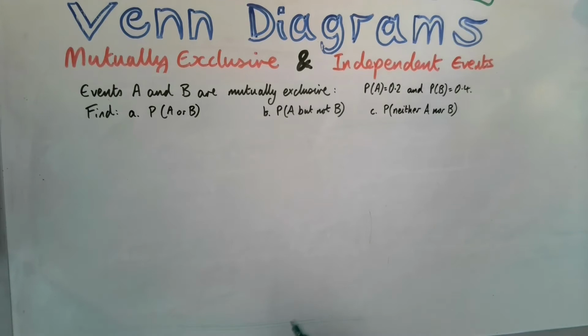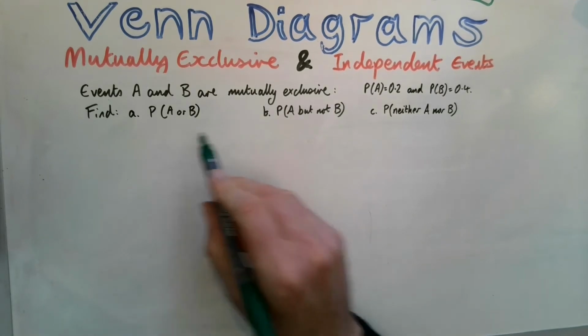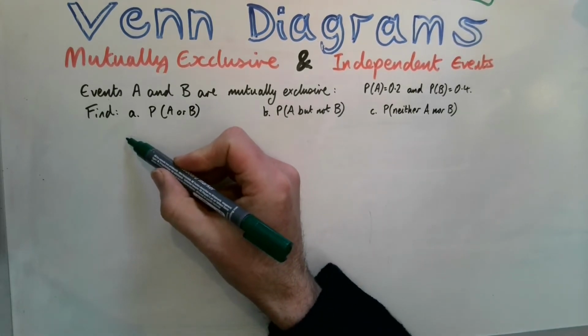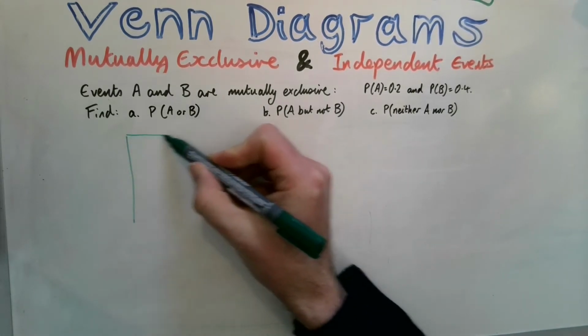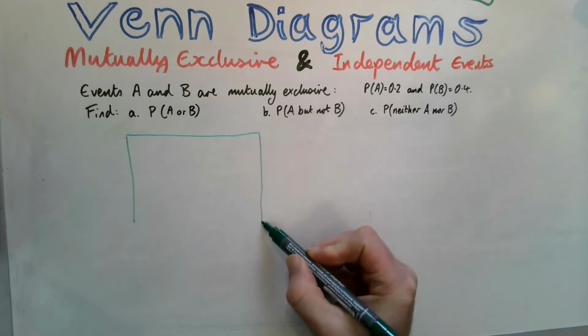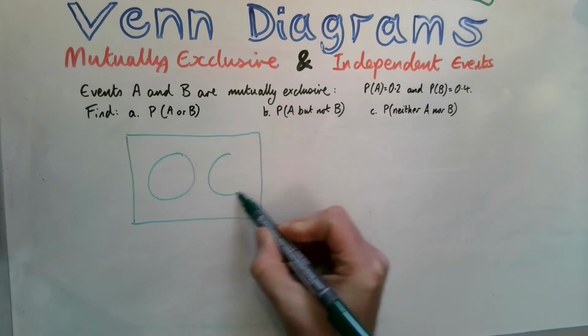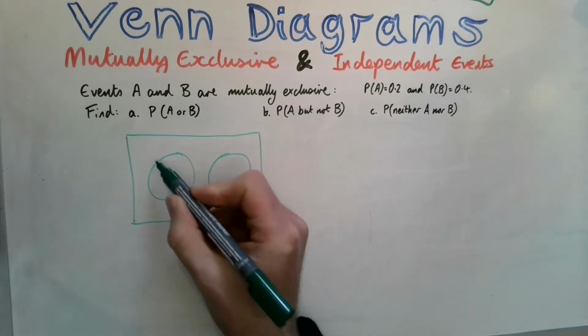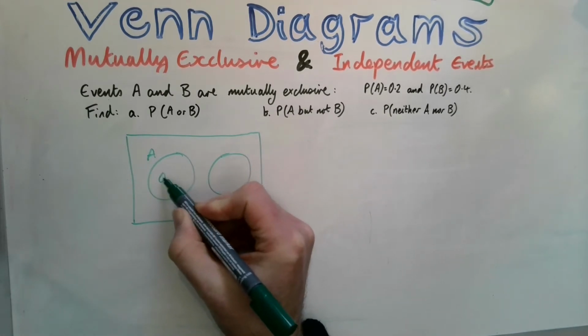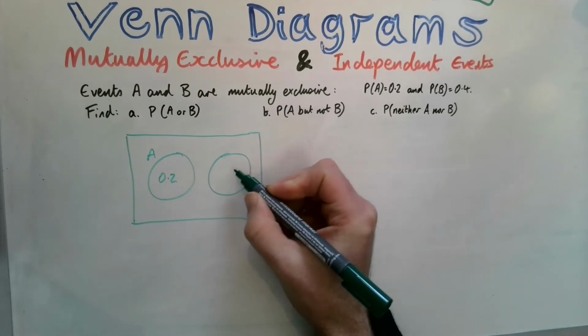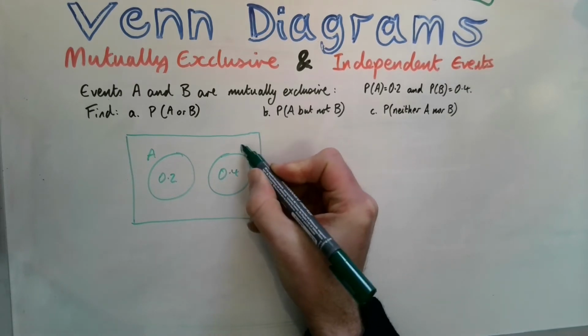So there's only 3 parts on a Venn diagram for two mutually exclusive events, so all 3 of those are taken account of here. So let's draw it first, and then it's easier to see what it is that's going on. So you've got A, you've got B, and it says A is 0.2 and B is 0.4.